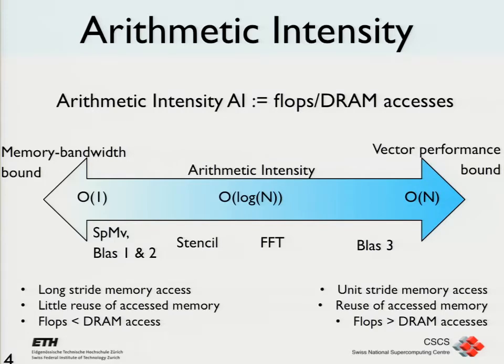what can you expect from your code in terms of performance? If you want to understand what is the maximum performance you will get using a certain code, you can define what we call the arithmetic intensity. It's the number of floating point operations divided by the DRAM accesses.